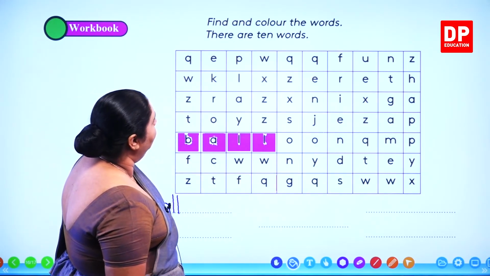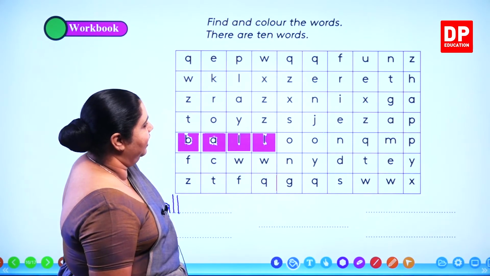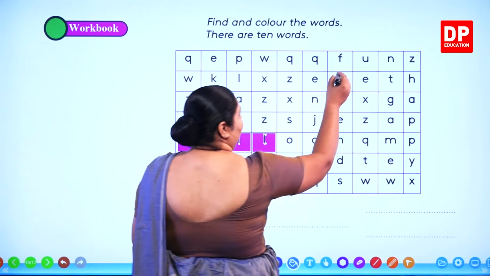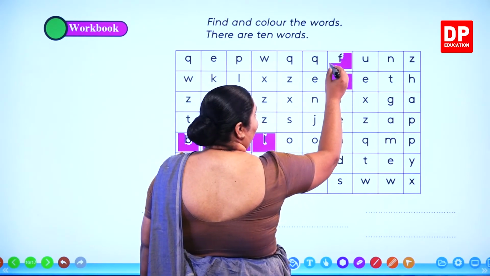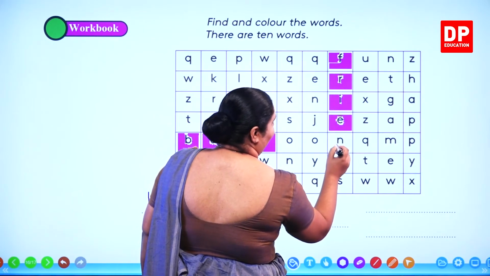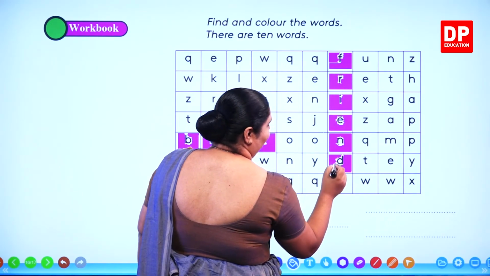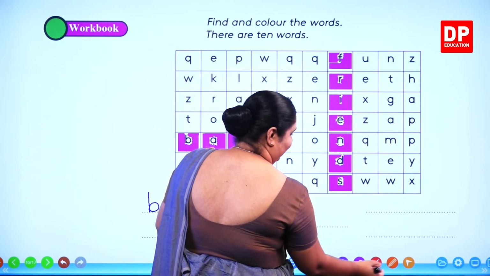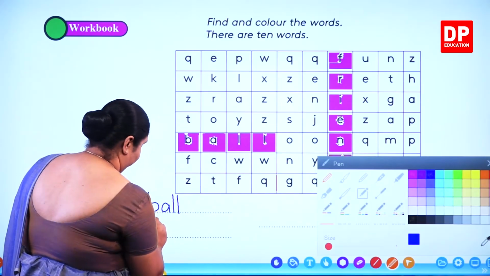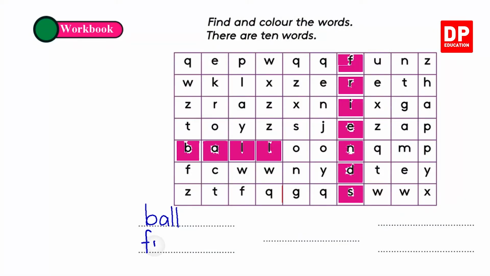Right, now we have to find another word. Let's see, what are the other words that we have here? We have the word friends. F-R-I-E-N-D-S. Right. We found the word friends. F-R-I-E-N-D-S. Friends.